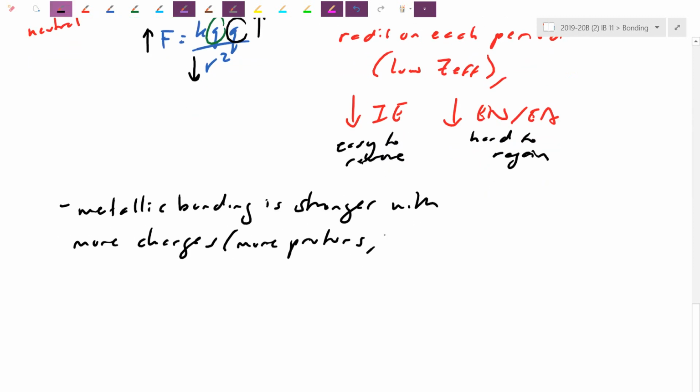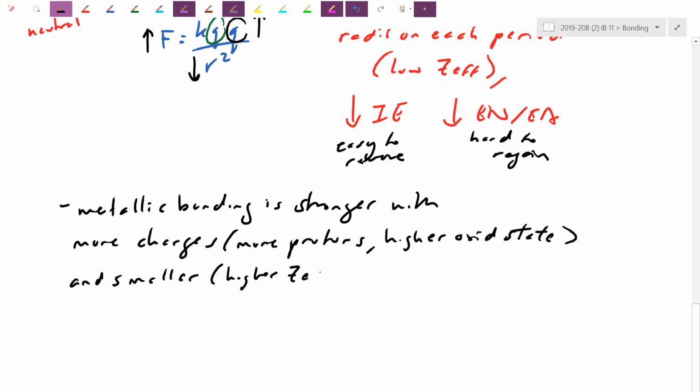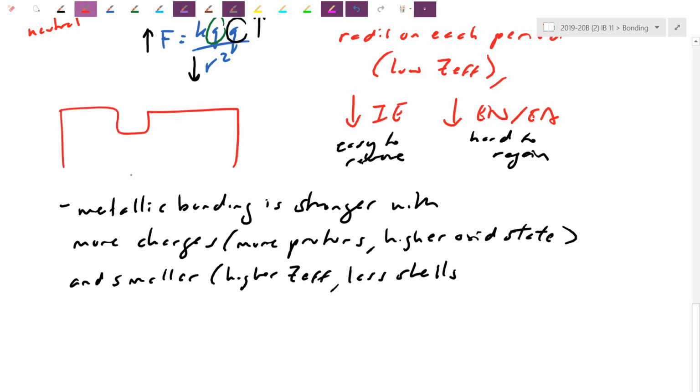It could even be a higher oxidation state in some cases, so higher charges, being a +3 instead of a +2, and smaller radii. So if I have higher Z effective, if I go to the right on the periodic table, or if I have fewer shells, that's when metallic bonding gets stronger. That's why we saw with our melting point trend that the melting point generally increases as you head towards the middle of the table. So that's all there is to metallic bonding.